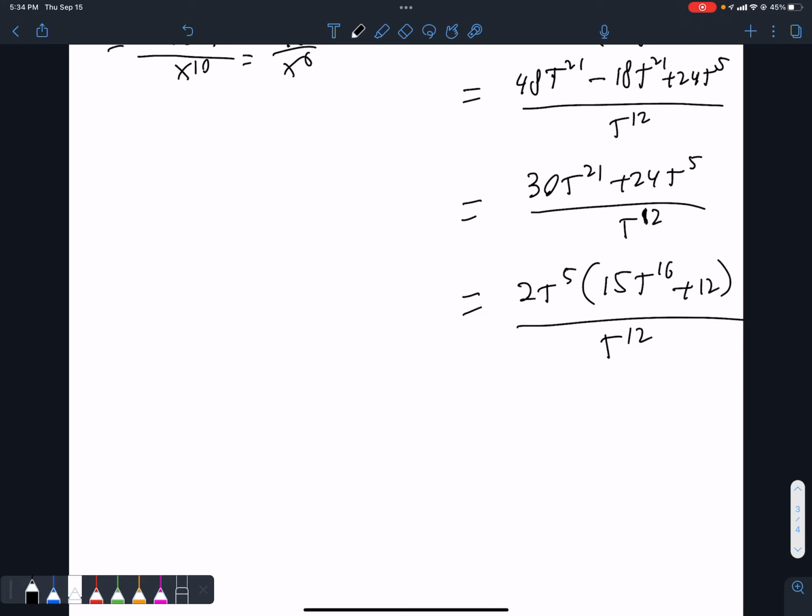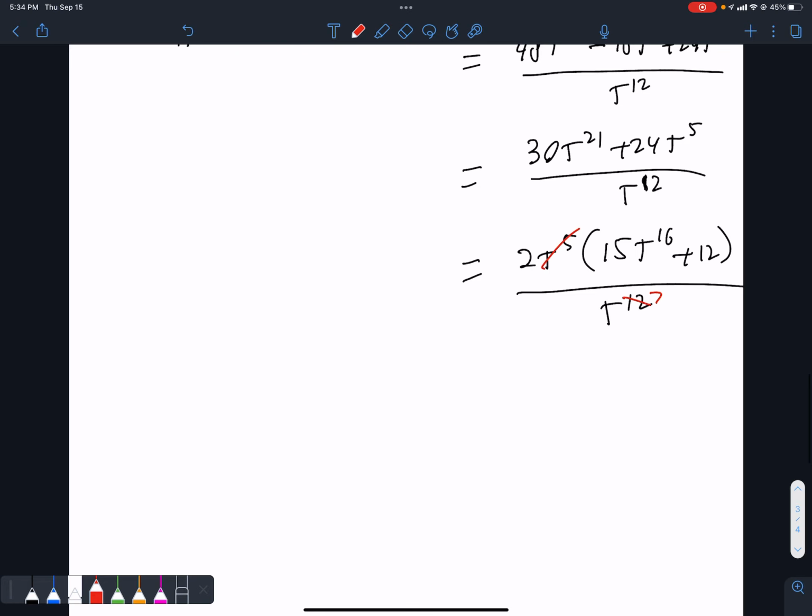And 5 of these are going to cancel out with 5 of those, leaving 7. And hopefully that's the right answer. So I'm going to have 12 t to the 16th plus 12. That's not 12, it's a 15. All over t to the 7th.